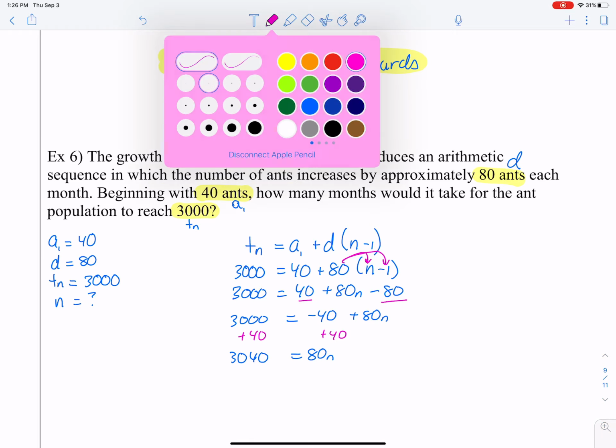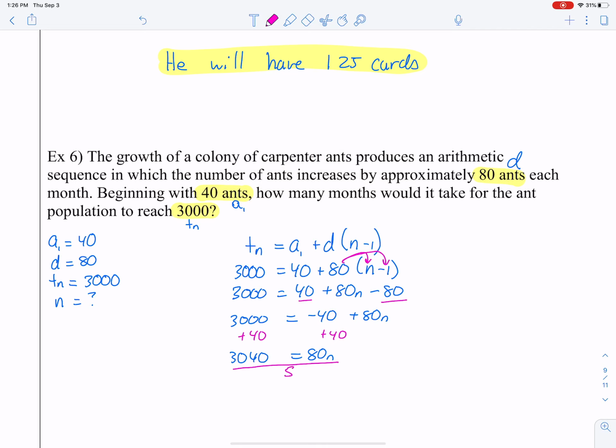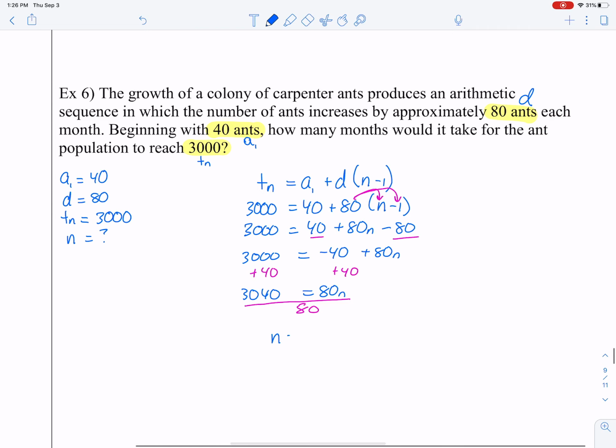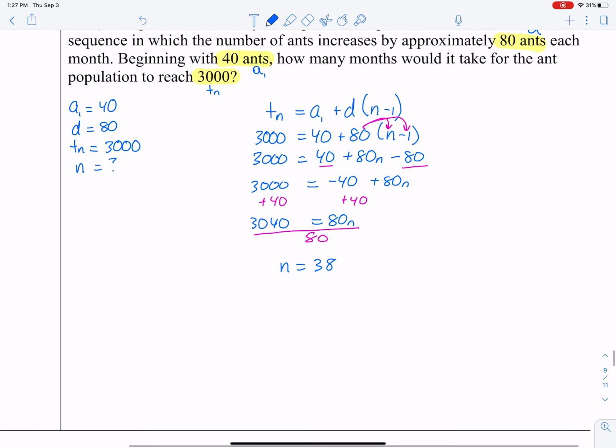And then finally, we're going to divide by 80 so that the N can be by itself. So we get N is equal to 38. So it will take 38 months. Okay, and that's your final answer there.